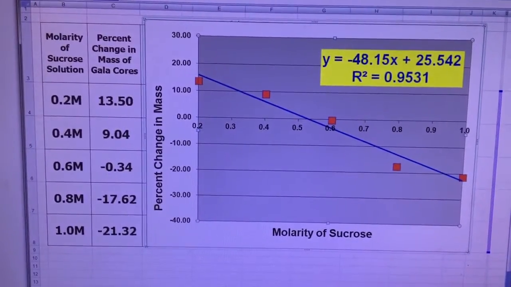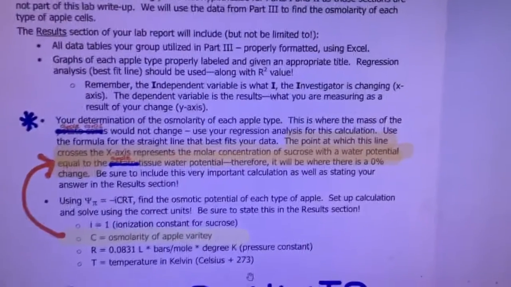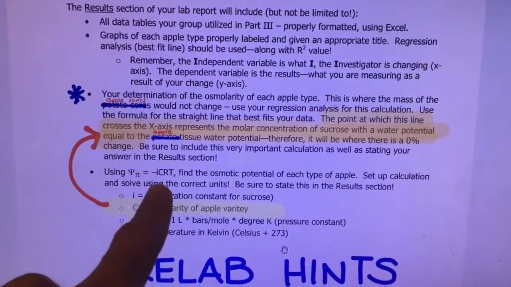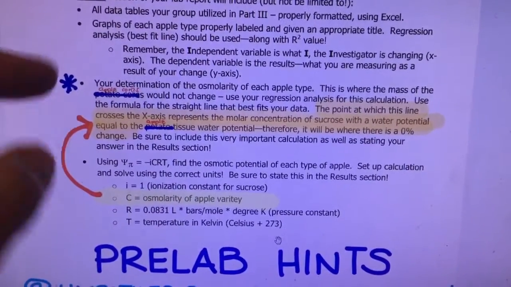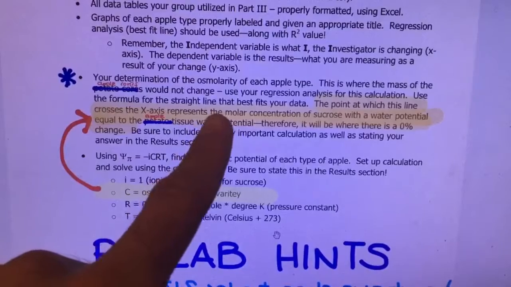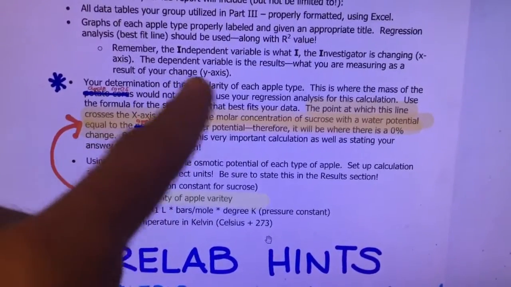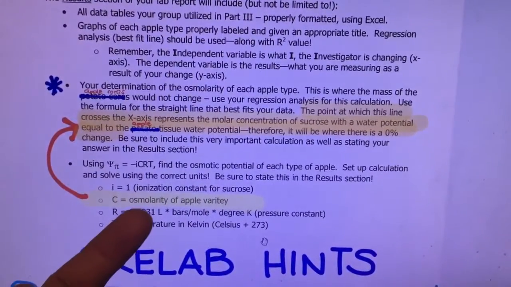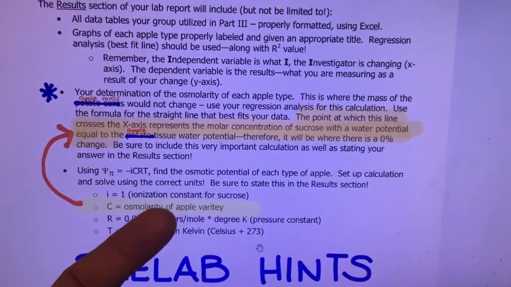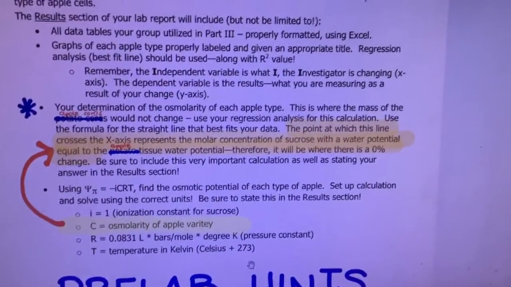So I want you to clearly state in your results what the osmolarity is and also what the osmotic potential is. Little hint here: the greater the molar concentration, the more negative this is going to be. That should make sense. The more sugar is found inside the apples, the lower the water potential. Hopefully you guys understand that. If not, please be sure to email me.